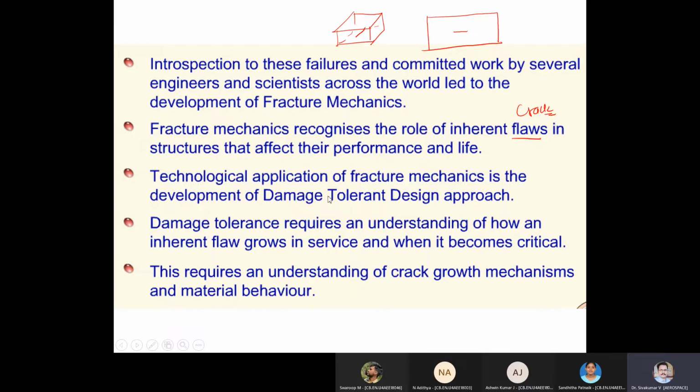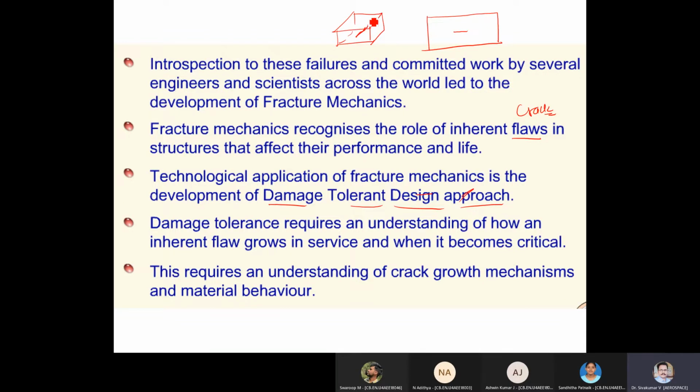Through this they came out with a topic called damage tolerance, the damage tolerant design approach. What is the damage tolerance approach? Suppose I have an inherent flaw in my structure.